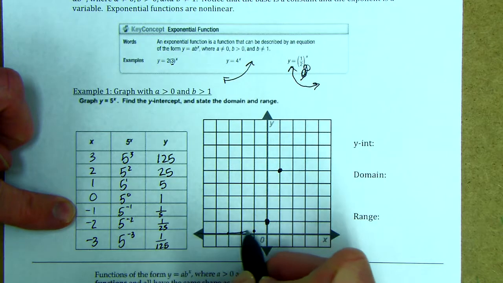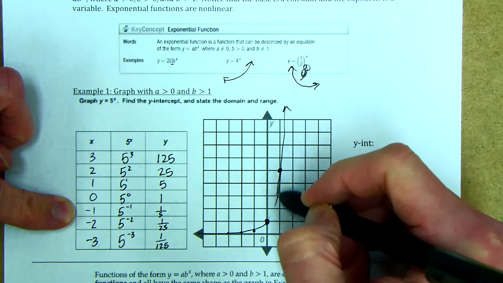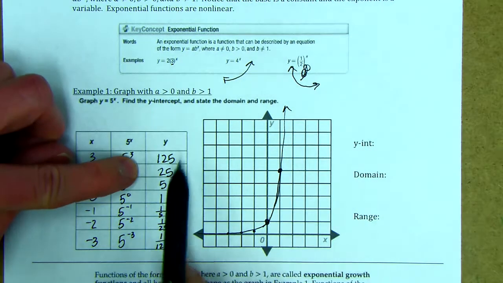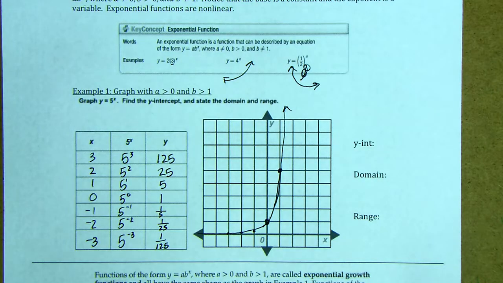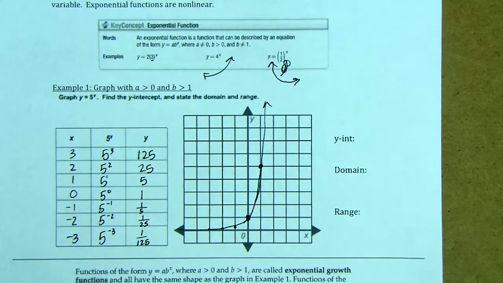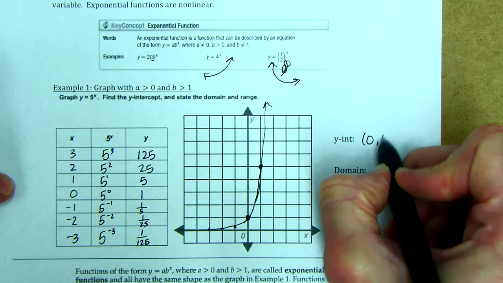So here is our graph. And like I said, to be expected, the large ones won't fit on there. That's all right, as long as you have an idea of what's happening. Now, they're going to ask us to state 3 things. 1, the y-intercept, which is where it crosses the y-axis. So in our case, (0, 1).